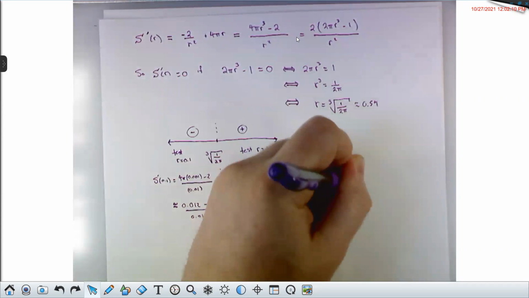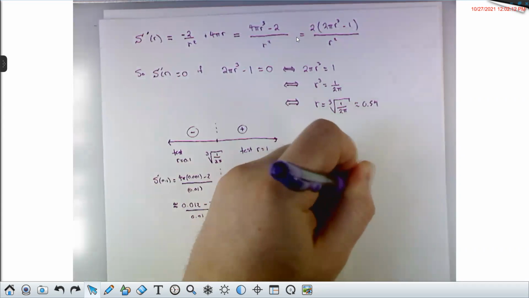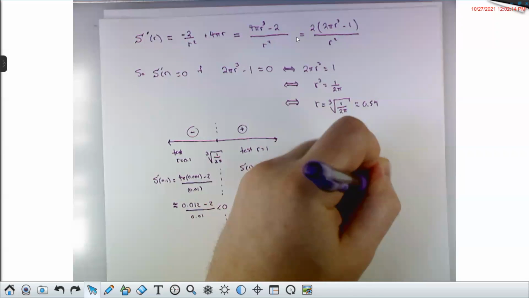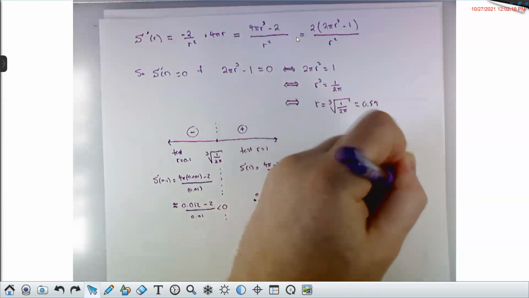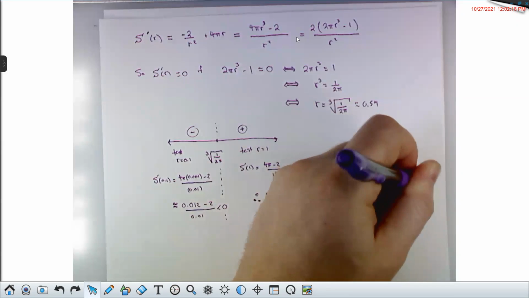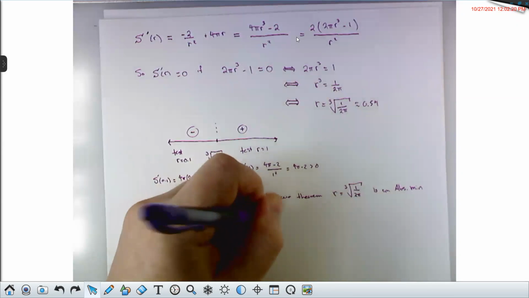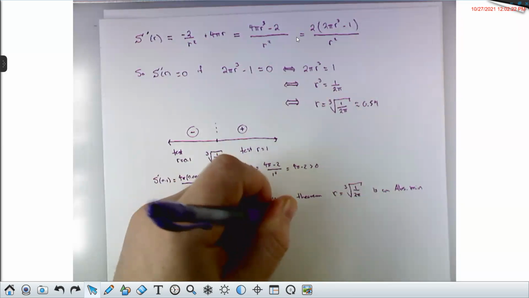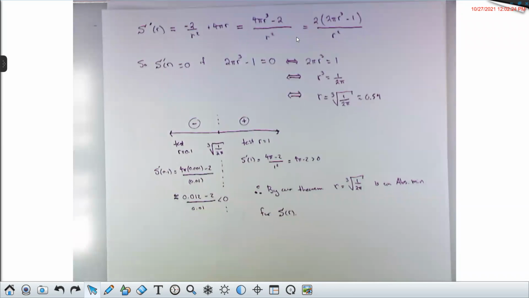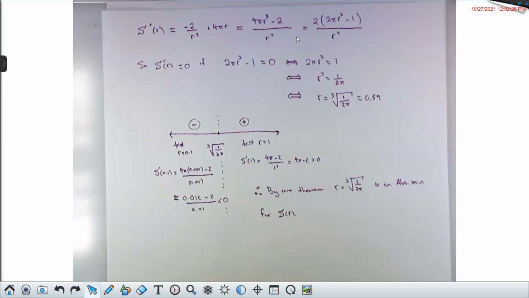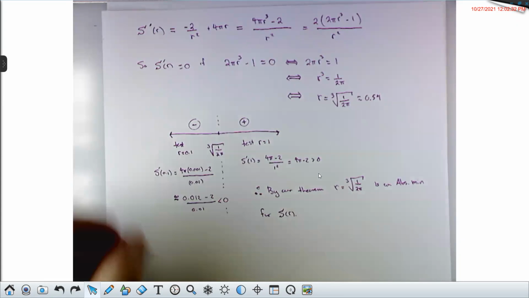r equals the cube root of 1 over 2 pi is an absolute min for the surface area S of r. Now they asked us for the dimensions which minimize this thing, right? So we also need to find the height.